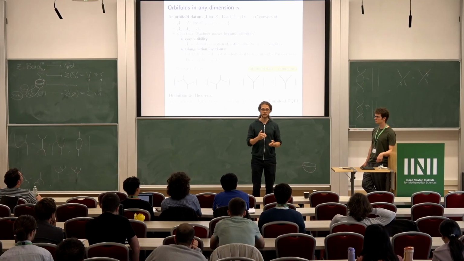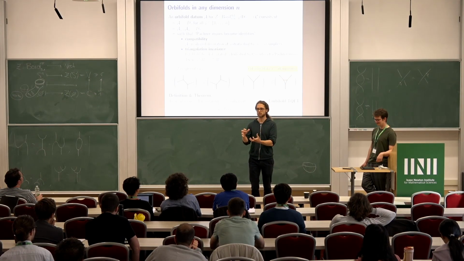And then they would add twisted sectors. What does it mean? I didn't understand it. So it seemed like an art, like a mystery. If you add these twisted sectors, then you get a consistent theory.